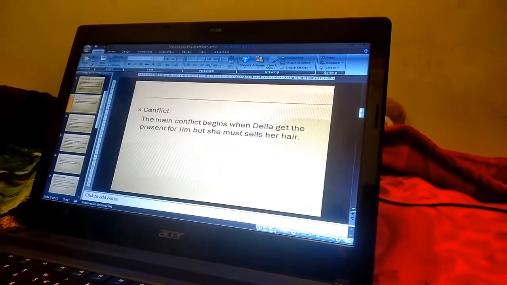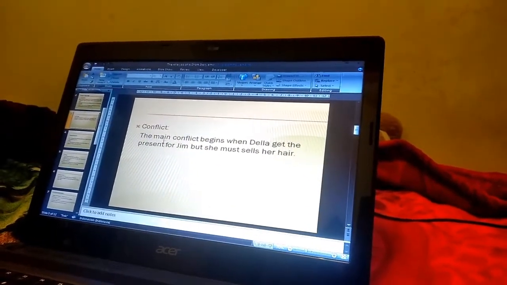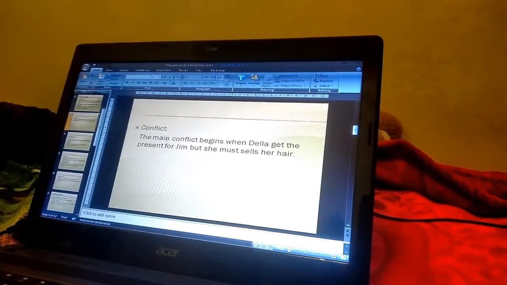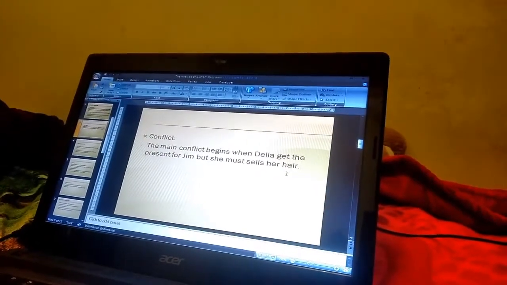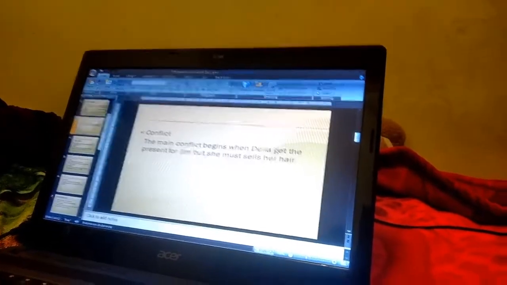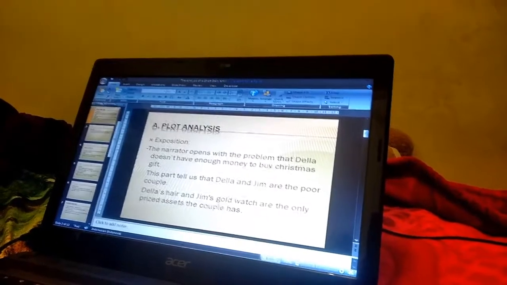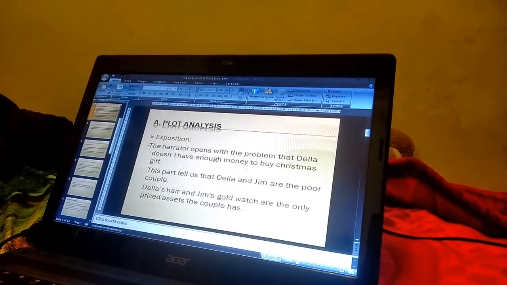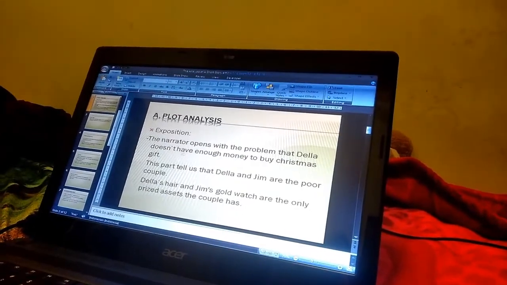For the next, the conflict of this story begins when Della gets the present for Jim, but she must sell her hair. I think this is very tricky because at first we see Della has a problem: she doesn't have enough money to buy a Christmas gift.